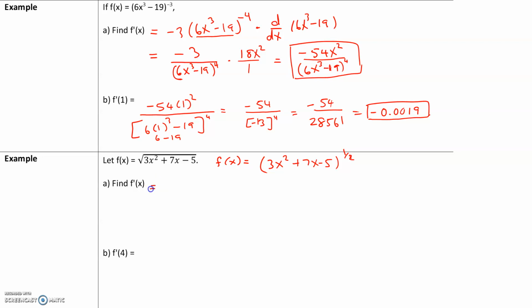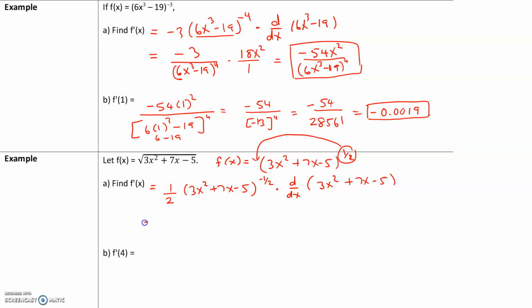Now for f prime of x, the 1/2 is going to come to the front. So we get 1/2 times 3x squared plus 7x minus 5 raised to the negative 1/2. But anytime this parentheses contains x's, we need to multiply by the derivative of the parentheses, which is d dx of 3x squared plus 7x minus 5.